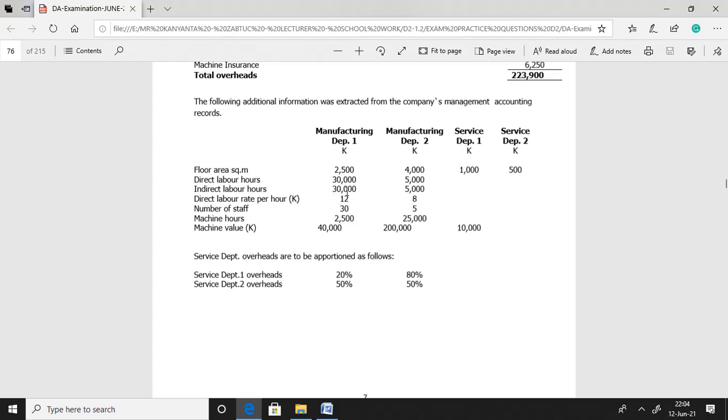It's a labor intensive department, so we must calculate our overhead absorption rate based on labor hours.